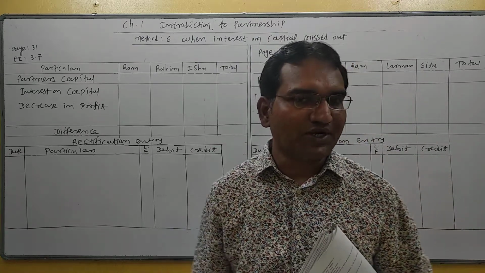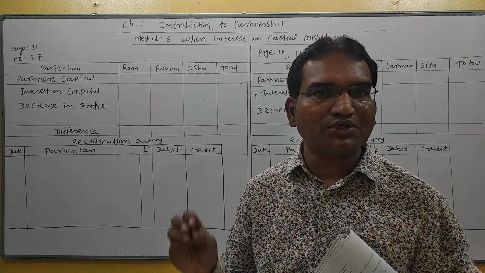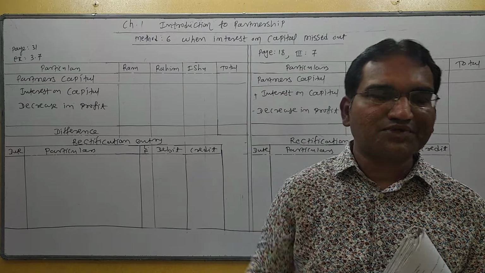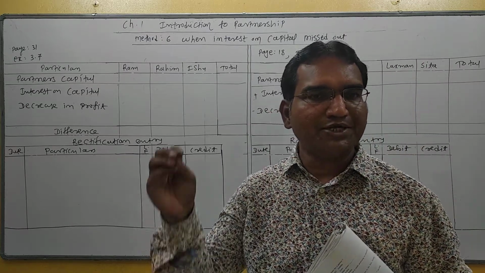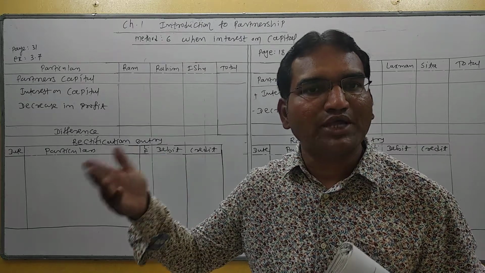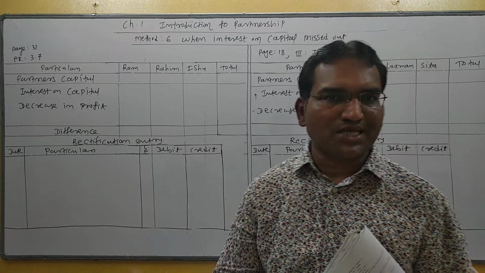What is the double effect of interest on capital? In standard 11 we have seen that interest on capital is an expense. So the first effect of interest on capital is debited to P&L account, and the second effect is added into capital. But in this case interest on capital is missed out.